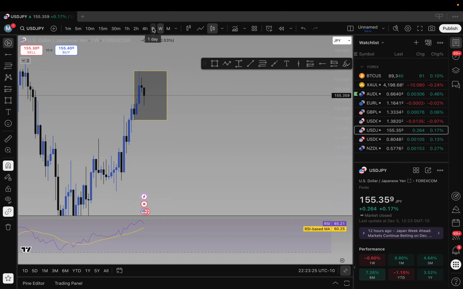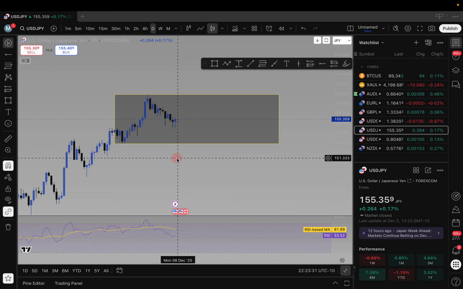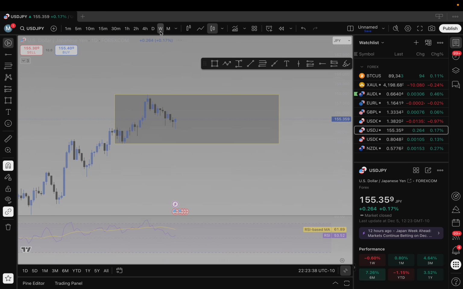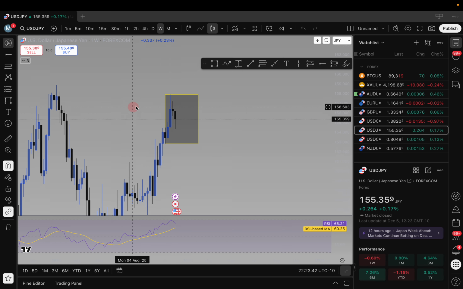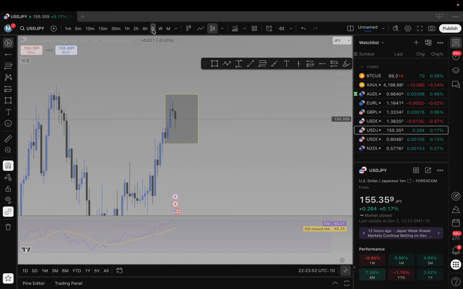But on the monthly, because we're on a bullish, we can take trades on the daily. Right, weekly, stop. So yeah, no supply and demand, no supply and demand.